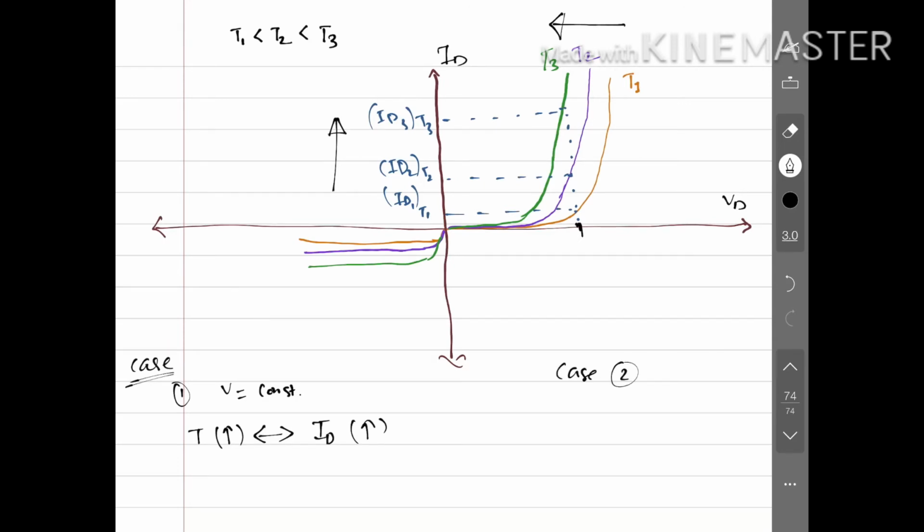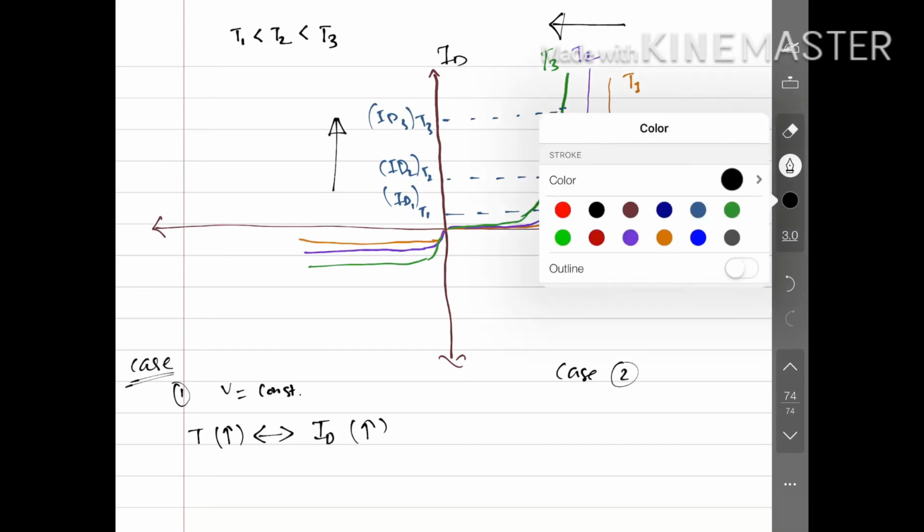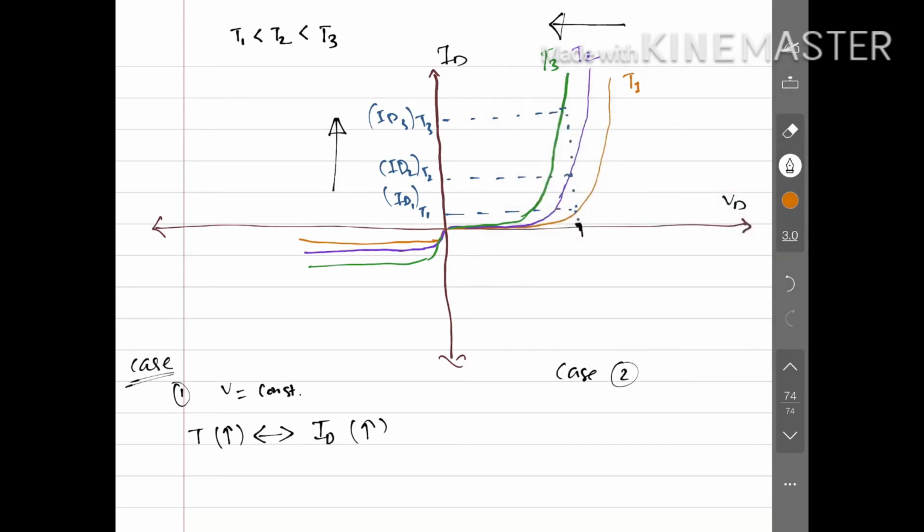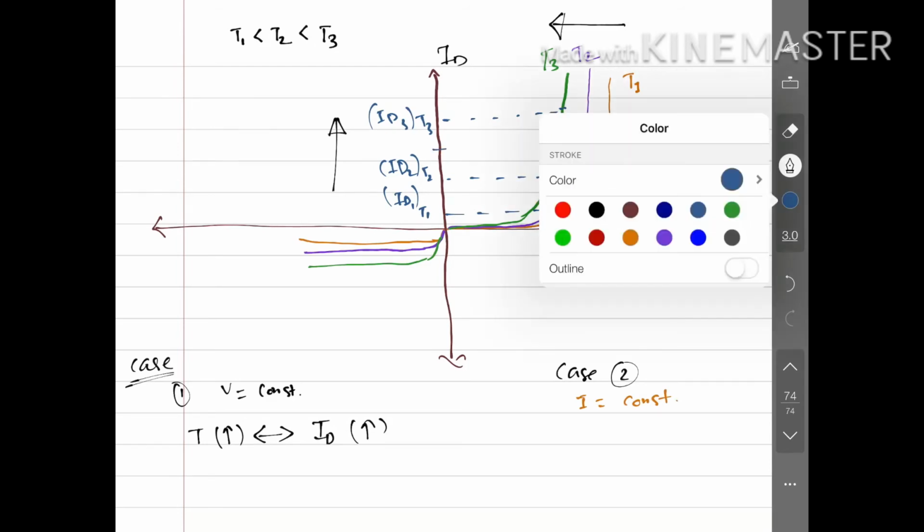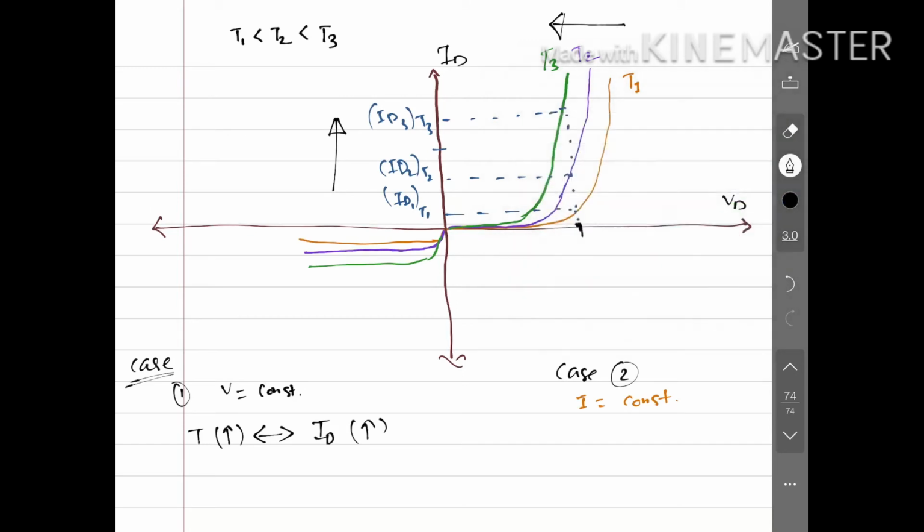Now in this situation, I'm going to keep the value of current constant. So this time I is constant. I'll take some other color, so black would work.